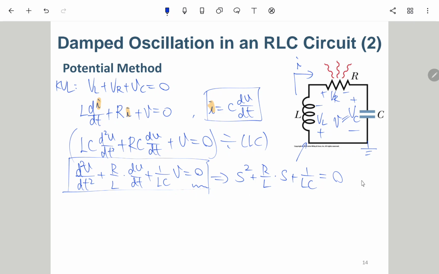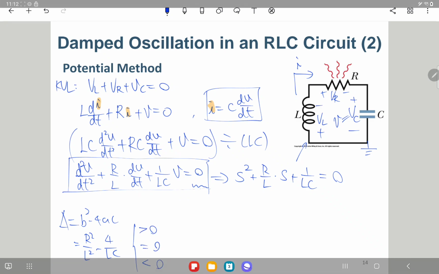Here we have 3 cases for delta. Delta is b squared minus 4ac, which is R squared over L squared minus 4 over LC. This can be larger than 0, equal to 0, or smaller than 0.